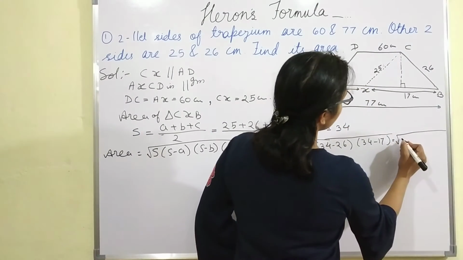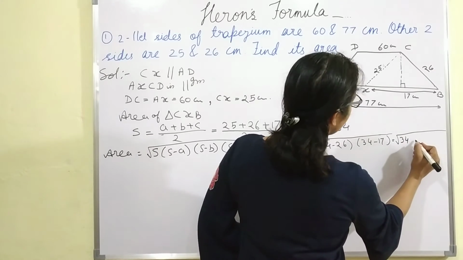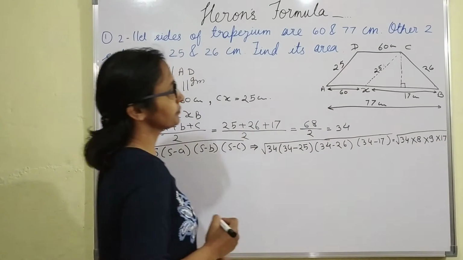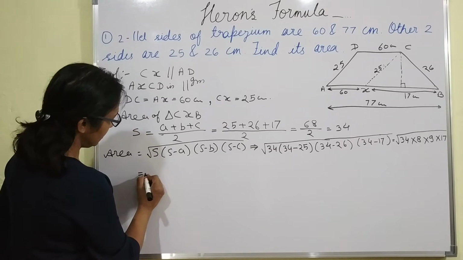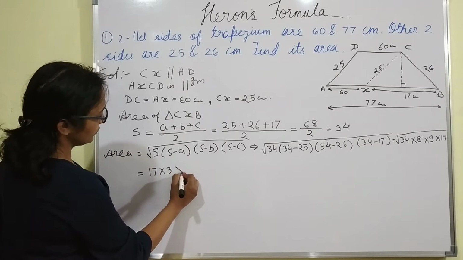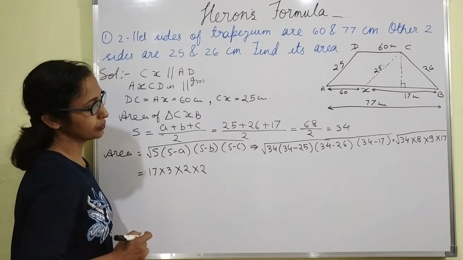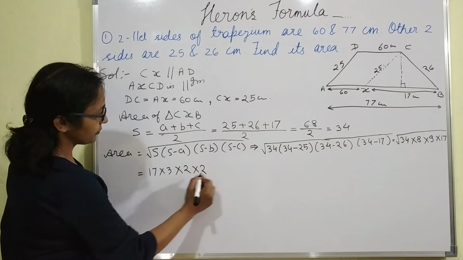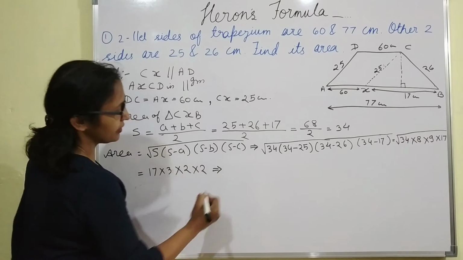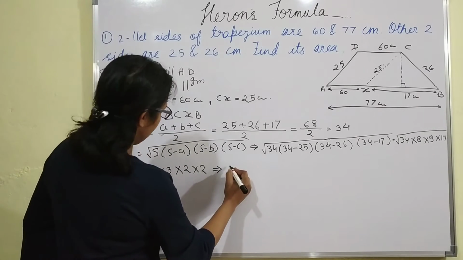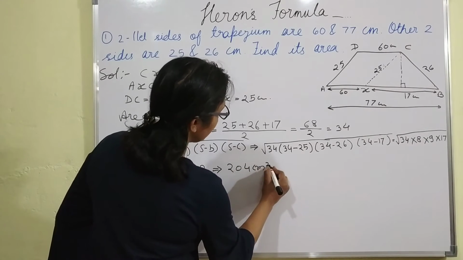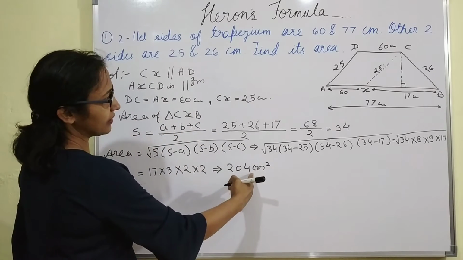It will be 34 into 8 into 9 into 17. So 17 into 3 into 2 into 2. Yes. So the area of the triangle is 204 centimeter square.